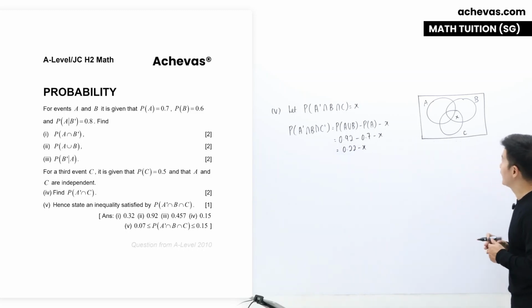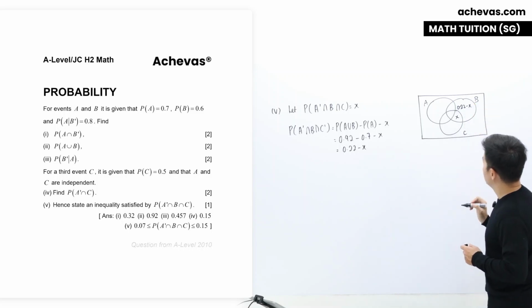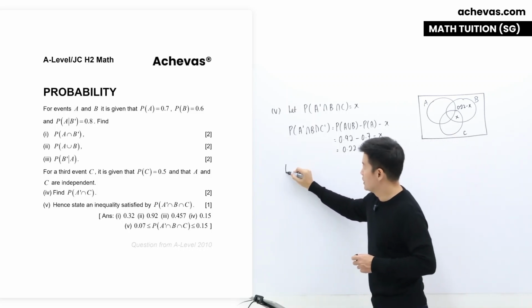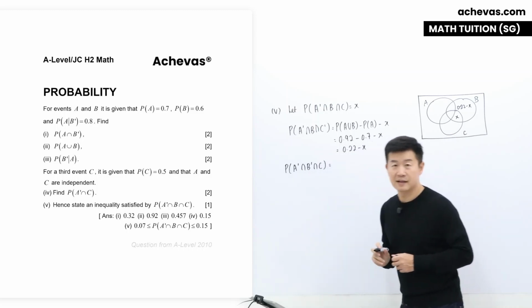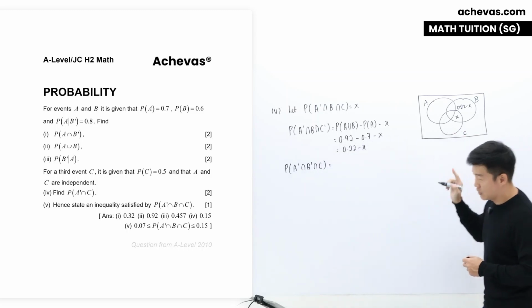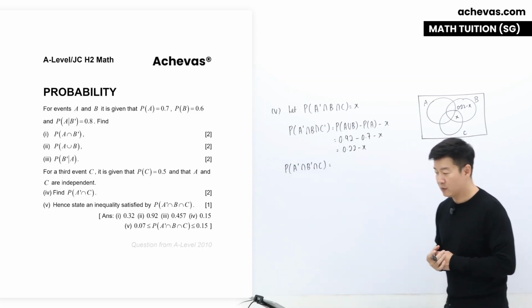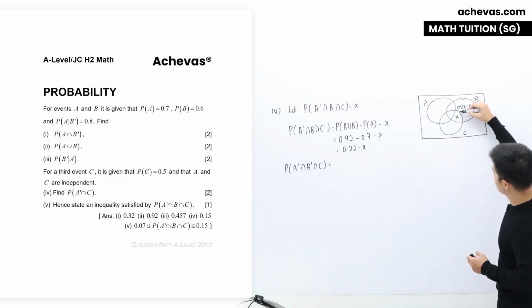Let's see, what else can we find? I'm going to indicate this first. So we have 0.22 minus X. I guess we can find this region. It is the region that is outside A and outside B and inside C. This region here. Because from part 4, we have found the probability of A prime intersect C, which is going to be this region.